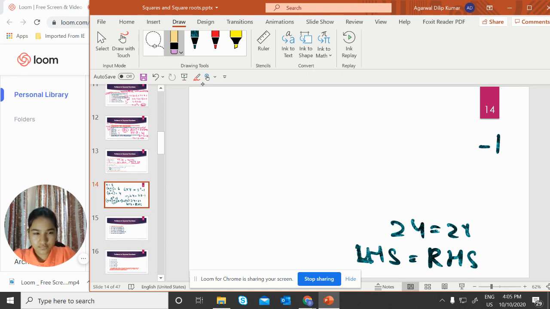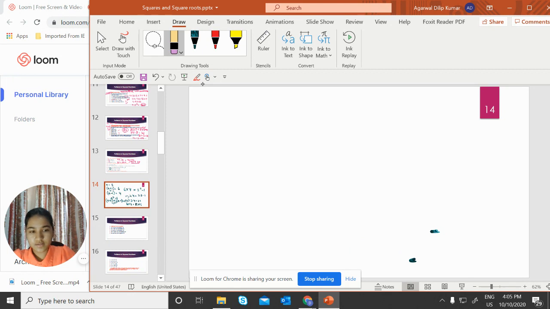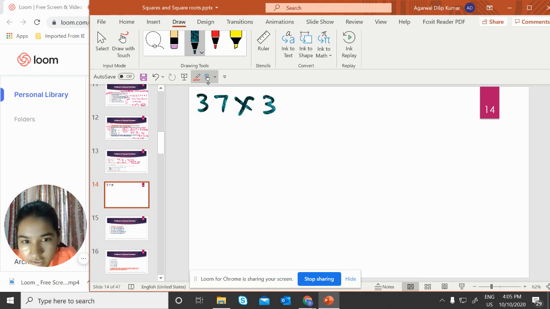Let's take a bigger number, 37 into 39. If you have to find 37 into 39, so what are we going to do? What is a? a will be equal to 38.